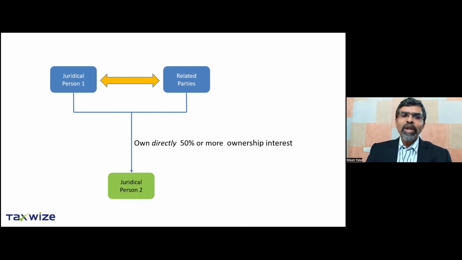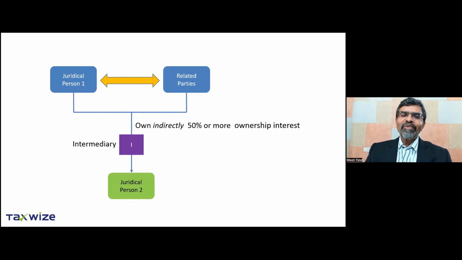Here, a juridical person along with its related parties own directly 50% or more ownership interest in the other juridical person. This is a case where the juridical person along with its related parties own indirectly 50% or more ownership interest through an intermediary in the other juridical person.